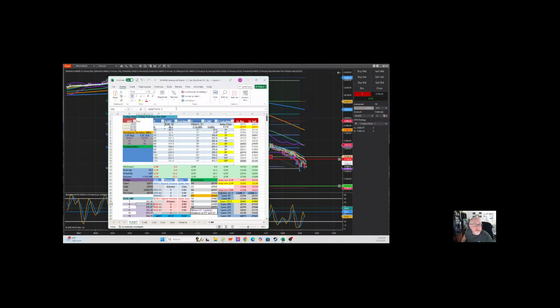79 times 4 times 5, and then I need times point. Then I need 4 contracts. 1.02 times 4. That's all I need. I don't need to get fancy here. Plus 4.08, and this is by 6 contracts. Plus 1.02 times 6. $6.12.